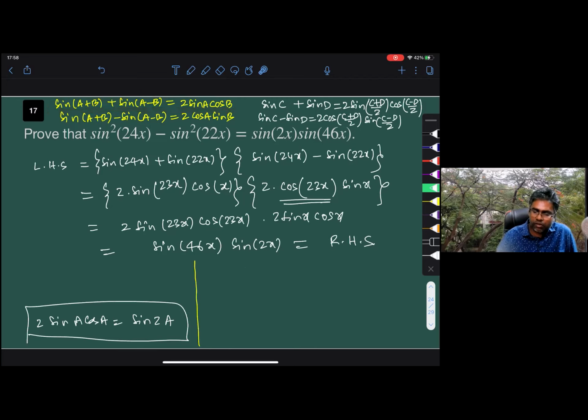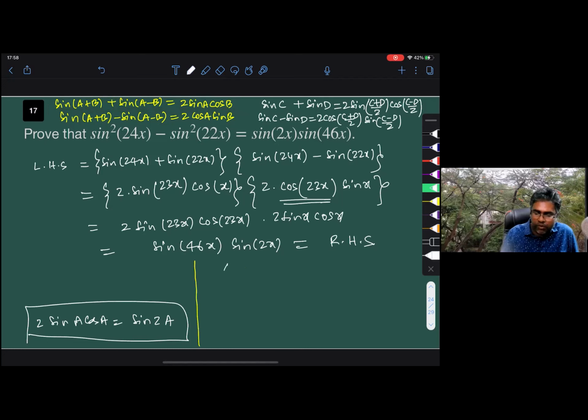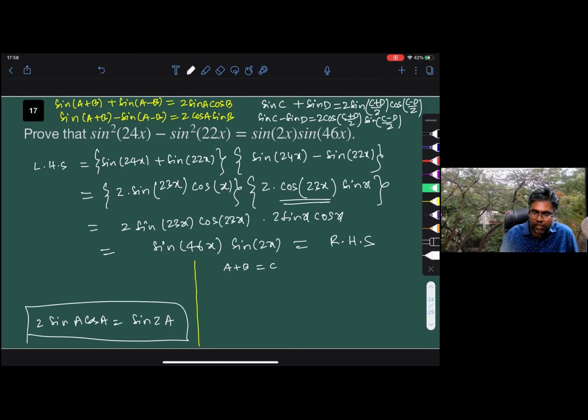Those identities are okay. Now let us do one thing. Can I do a plus b as c? And a minus b as d, right? Now if I add both sides, what do I get? I get 2a is c plus d.